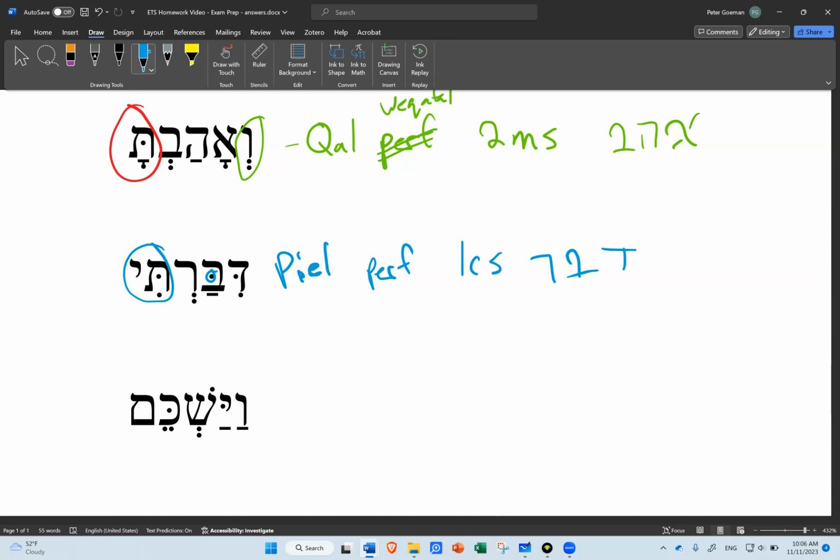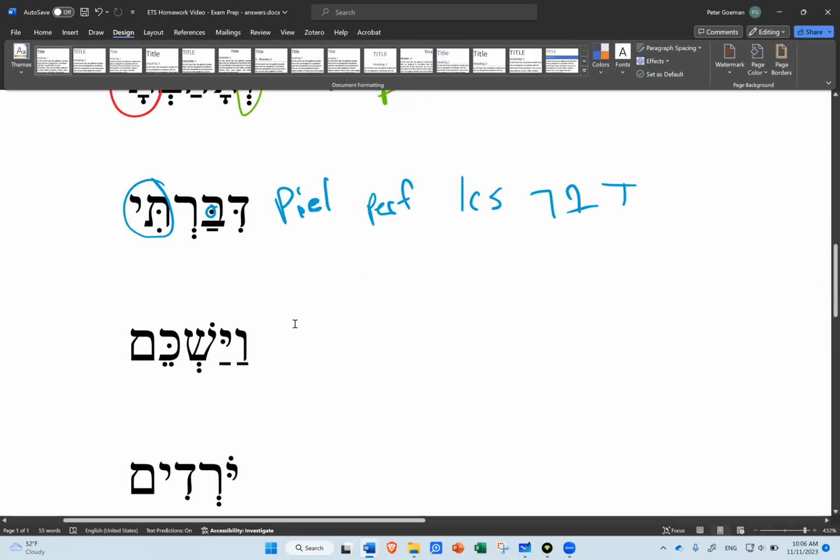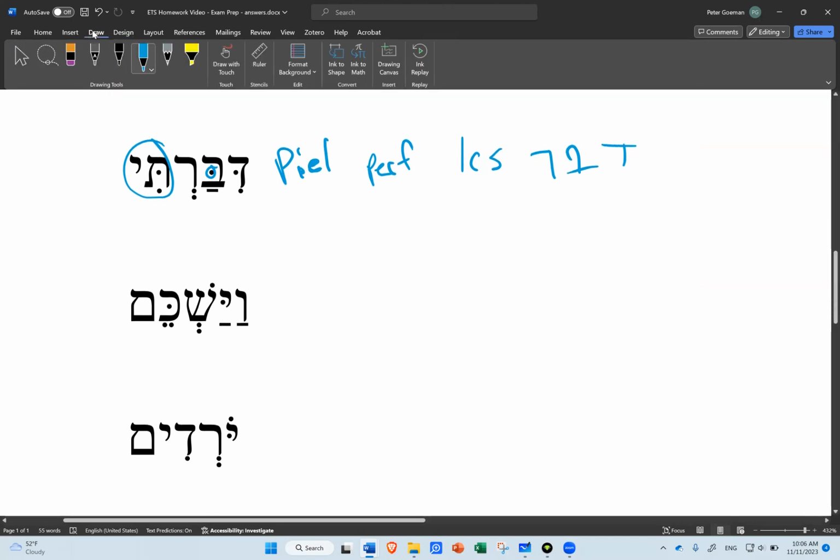All right, moving on to the next one. Again, feel free to pause the video if you wish to try to figure it out yourself. So running through here, we're looking for 3 letters and what can be chopped off. Mem can sometimes be a pronominal suffix, but it's never a suffix for a verb.